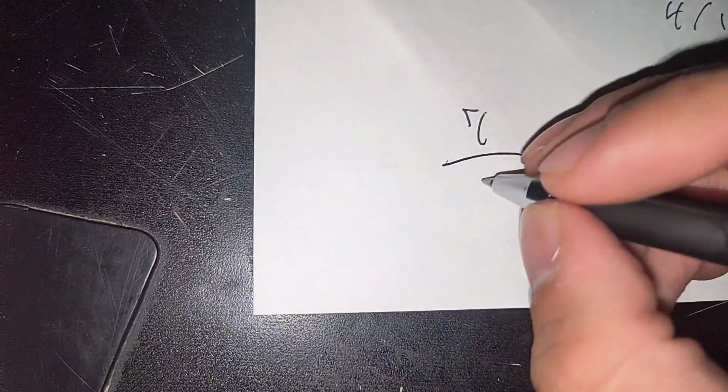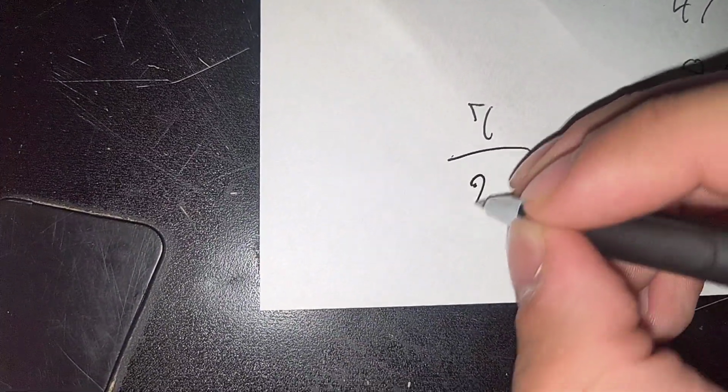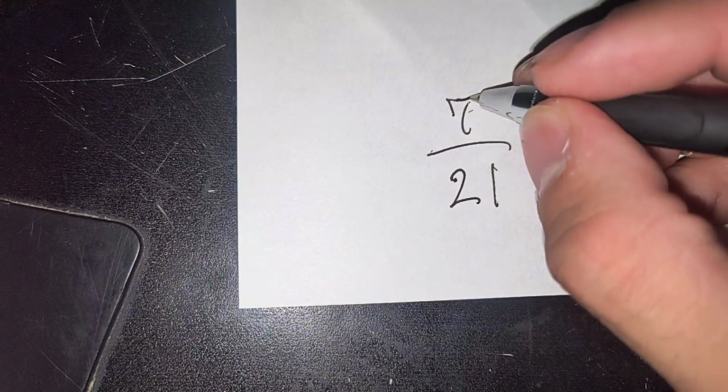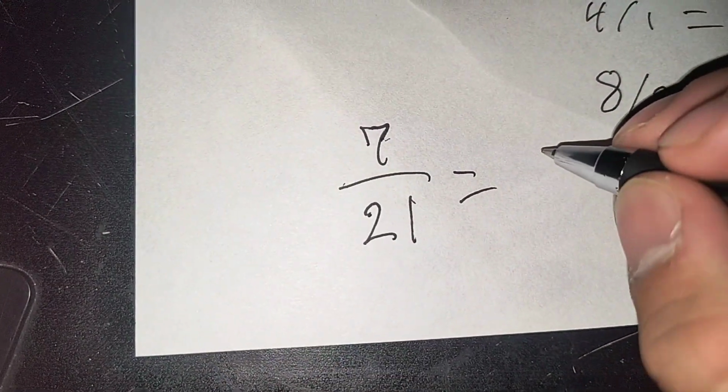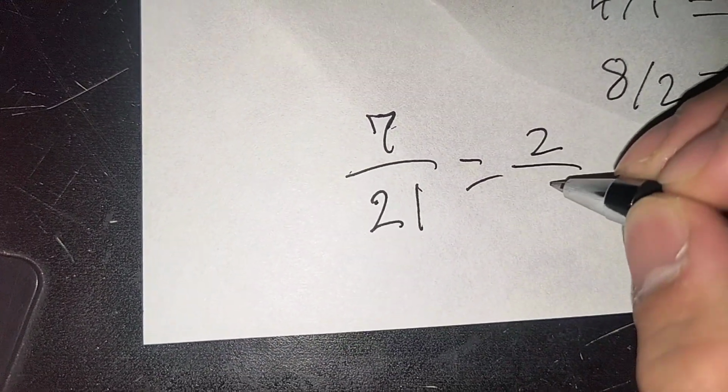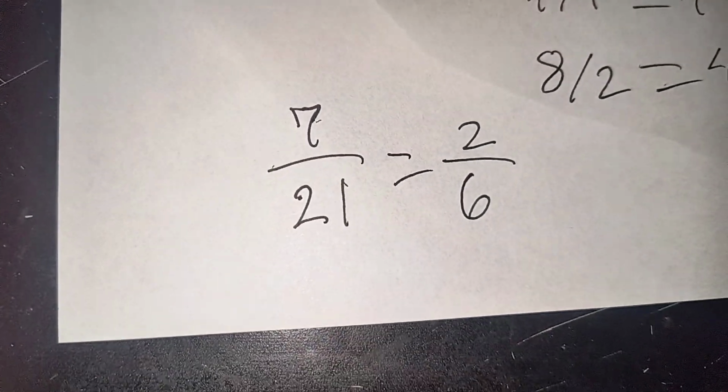And if I were to have, let's say, the fraction 7 over 21, 7 out of 21, and I would say that would be equal to 2 out of 6. Well, how can I show this?